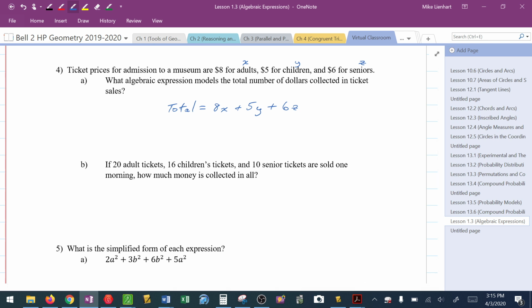So part B here says if 20 adult tickets are sold, 16 children, and 10 seniors, how much money is collected in all? So I'm going to take this total formula that I just created, and I'm going to substitute in these values that they gave me. So I know it's $8 for each adult ticket, and we sold 20 of them. $5 for each child's ticket, we sold 16 of them.